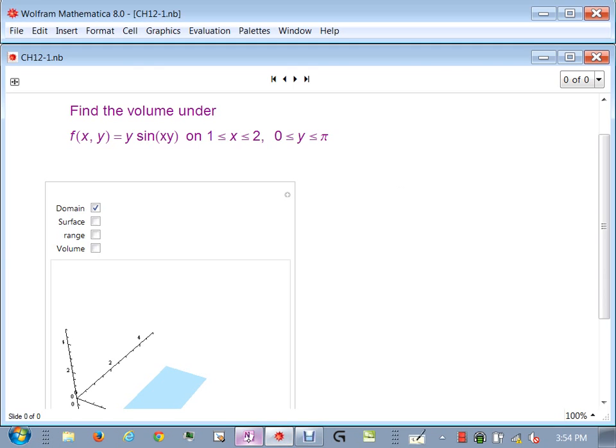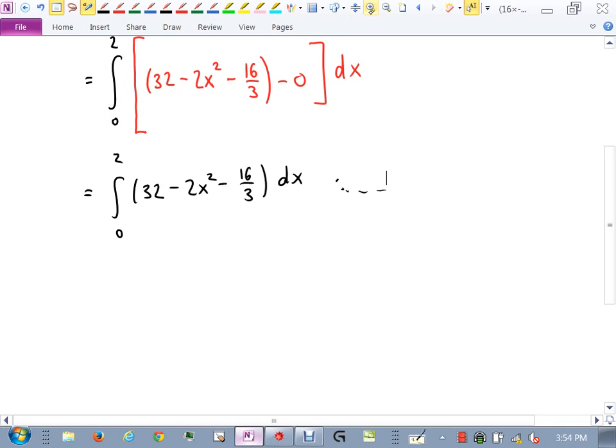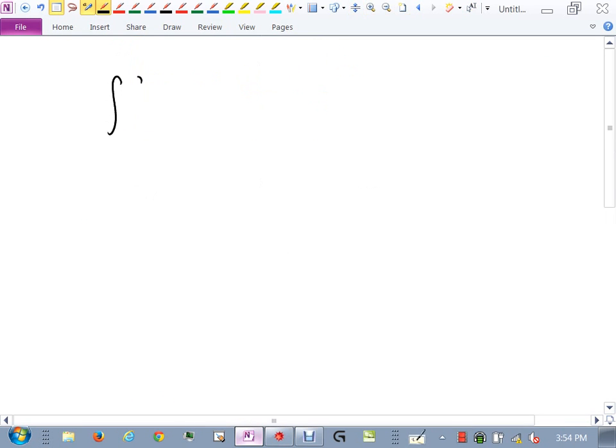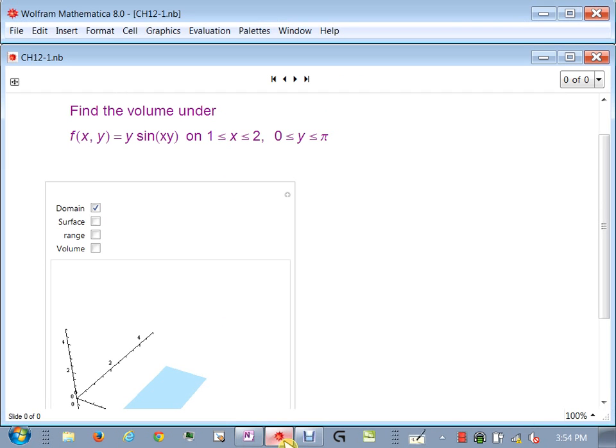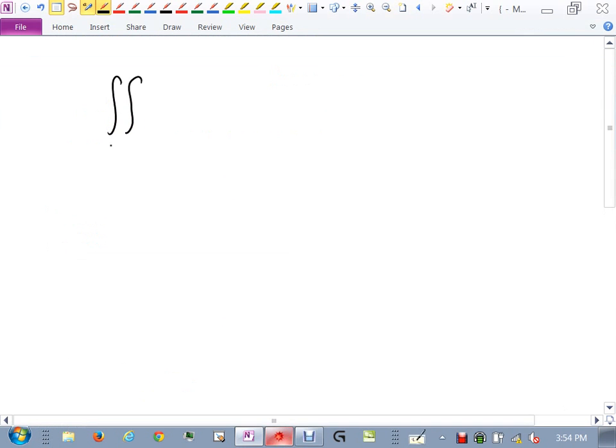So y sine xy, with limits 0 to 2 and 0 to pi.